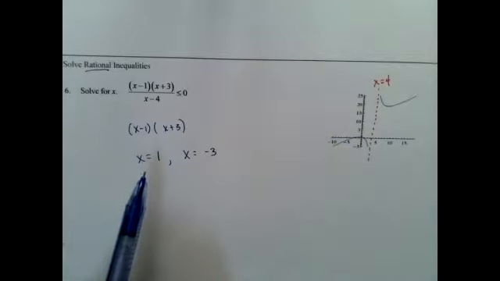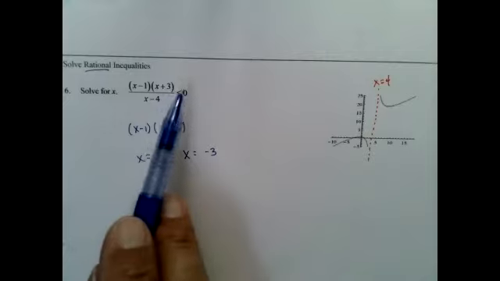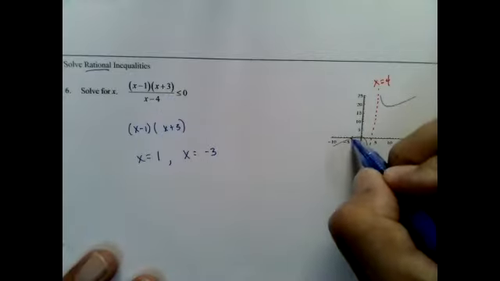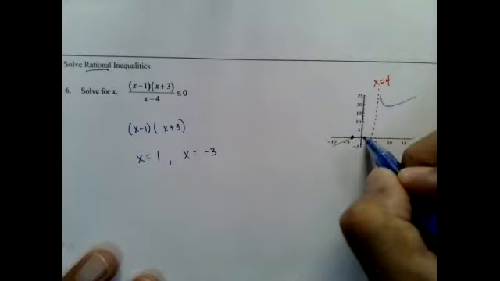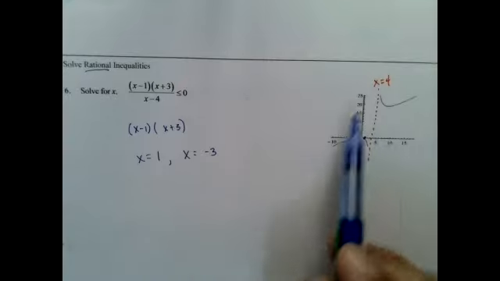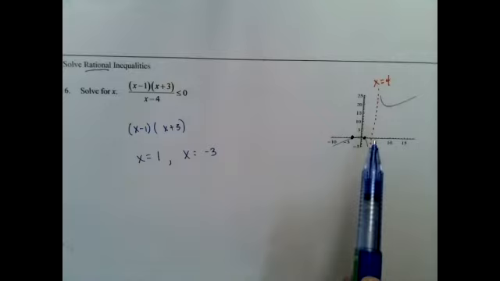There are my boundary points when the numerator is 0. If I come over and look at the graph, yep, here's negative 3, here's positive 1, and something is definitely happening there. So as long as I'm able to get the graph, this is great.